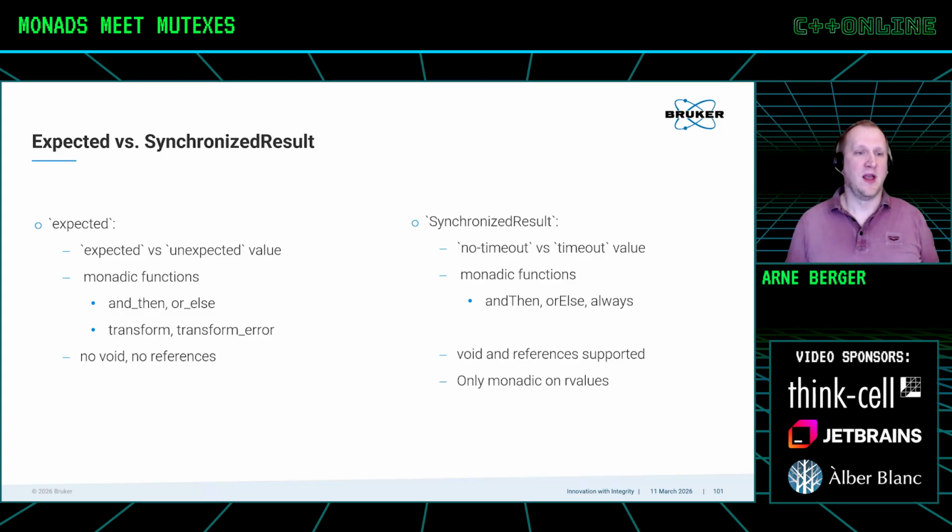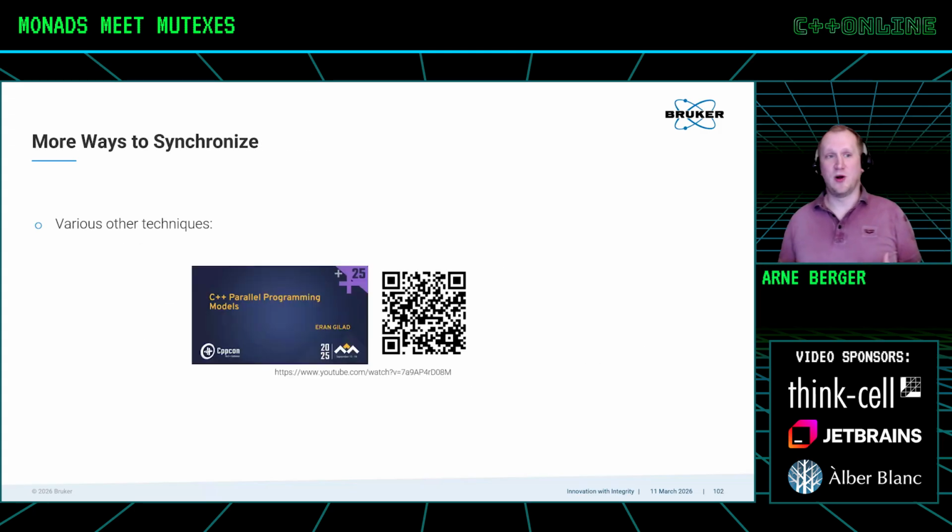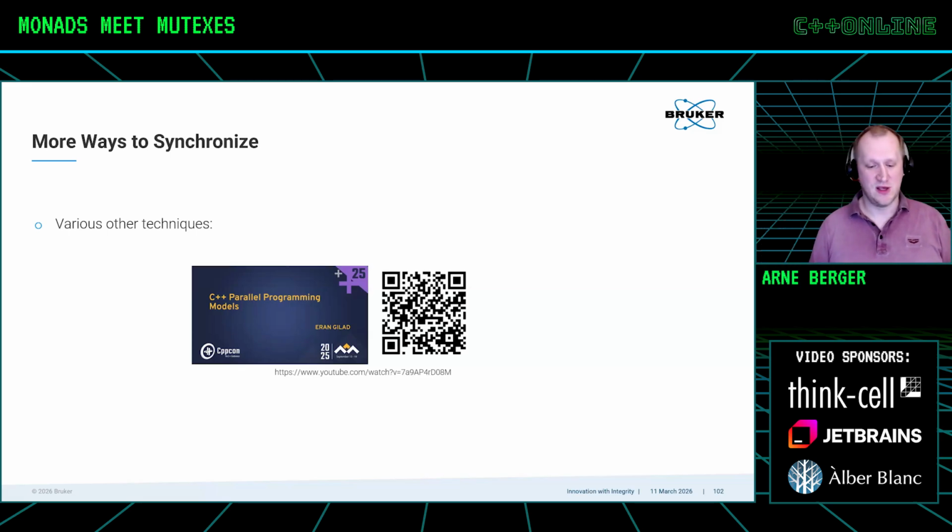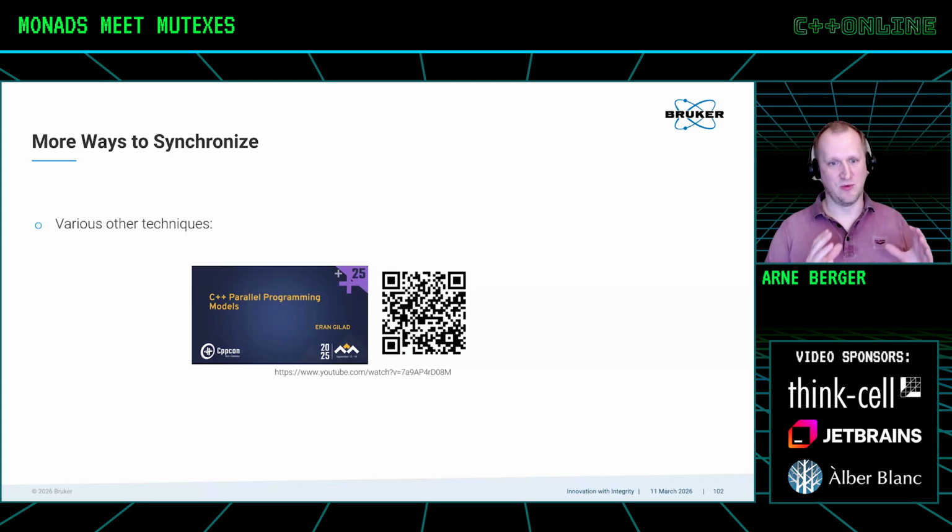Okay. And as promised, a short word about other ways for synchronization. So I was only talking about one pain point with mutexes. So, unstructured synchronization. There are a lot of other ways that are, in most cases, better than using raw mutexes. So you could use std::async to just get a task.